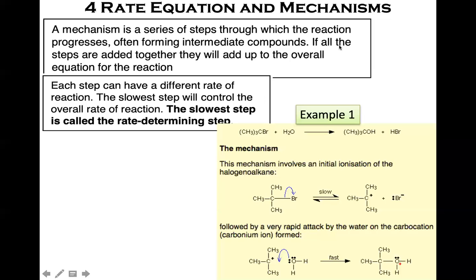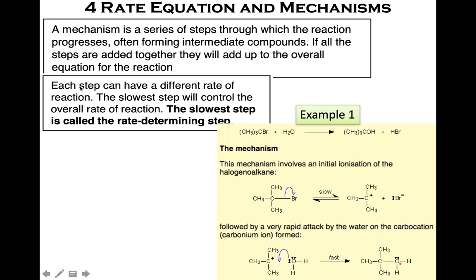When the steps are added up together, the overall equation for the reaction will be given. So when you add step 1 and step 2, overall it will be the same as your equation, because your intermediate will be used up, so you don't see the intermediate in the equation.